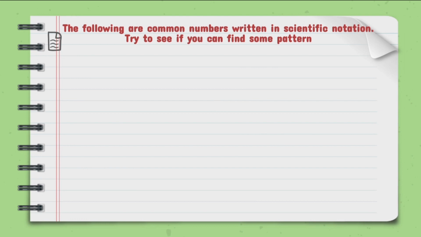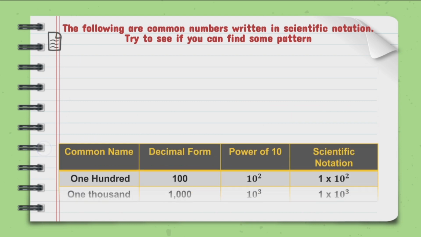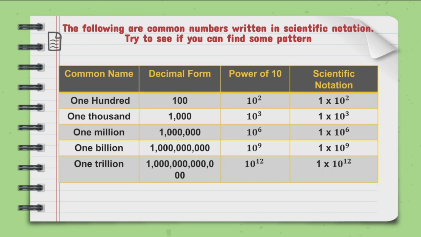So we have here common numbers written in scientific notation. We have here numbers such as 1/10, 100, 1,000, 1,000,000, 1,000,000,000, and 1,000,000,000,000.